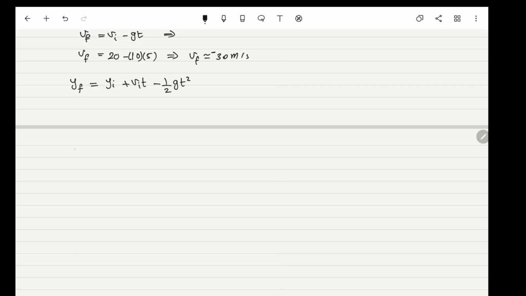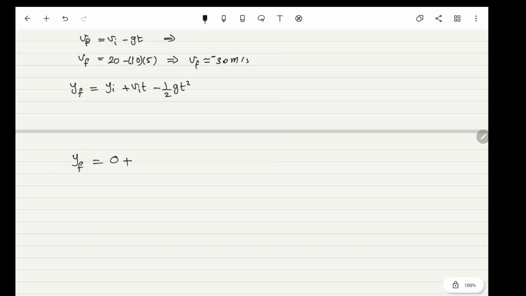So Y final equals 0 plus V initial, which is 20, times 5, minus half of 10 times 5 squared. You find that Y equals minus 22.5 meters.